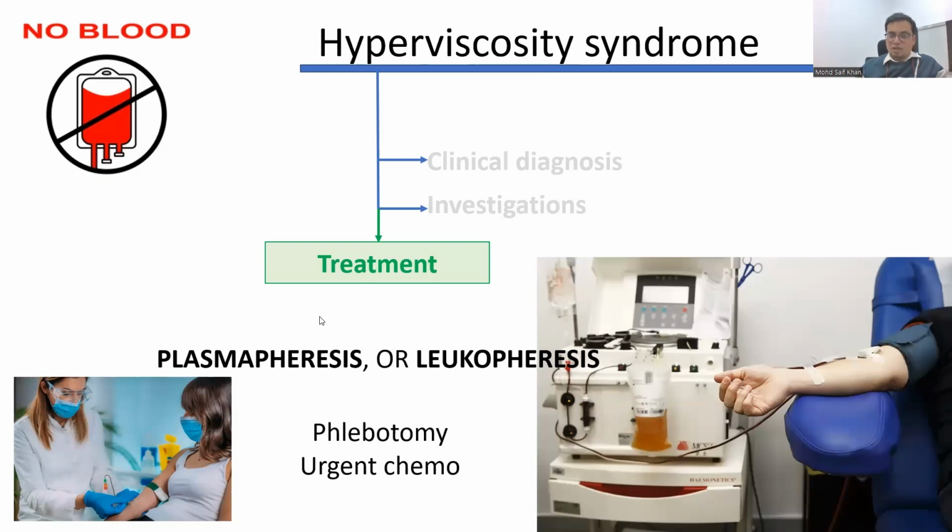Multiple sessions will be required, but remember that in cases where you have signs and symptoms of hyperviscosity, don't give blood too much. Don't try to correct hemoglobin. A target hemoglobin of 4 to 6 gram per deciliter is enough. Rather, in cases of polycythemia, you need to perform phlebotomy. And in cases of leukemia, you need to give urgent chemotherapy to decrease the cell count. Hydroxyurea can be given.